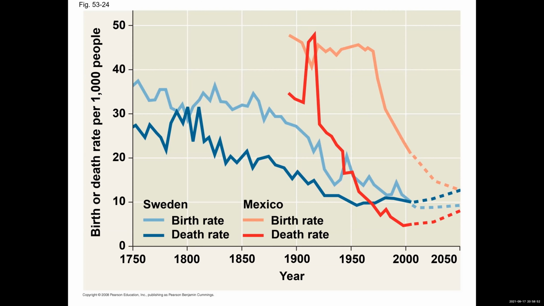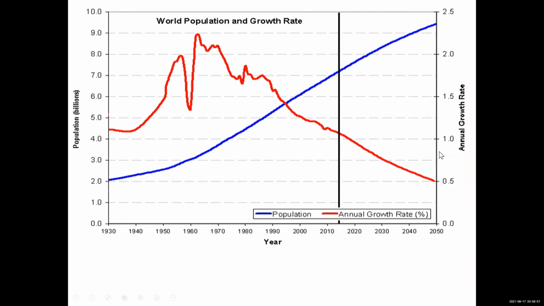So now what we want to think about is what's happening with the human population now. And this graph is a little more up to date, but notice it has 2 lines on it. And this is sort of zoomed in, and it's showing the population in billions, right? So now we're looking at from 1930 projected out into 2050. And we're over 7 billion humans on the planet.